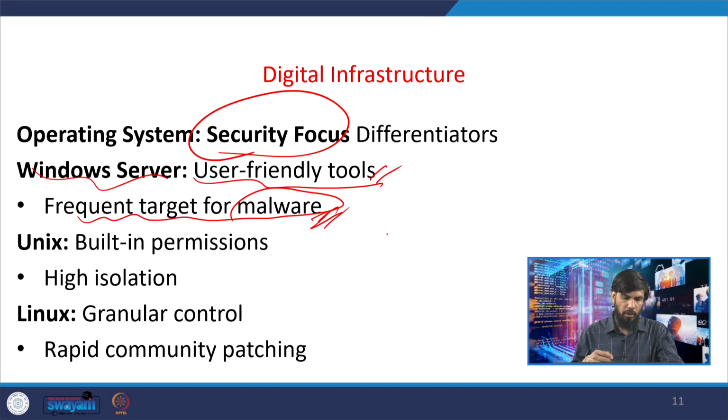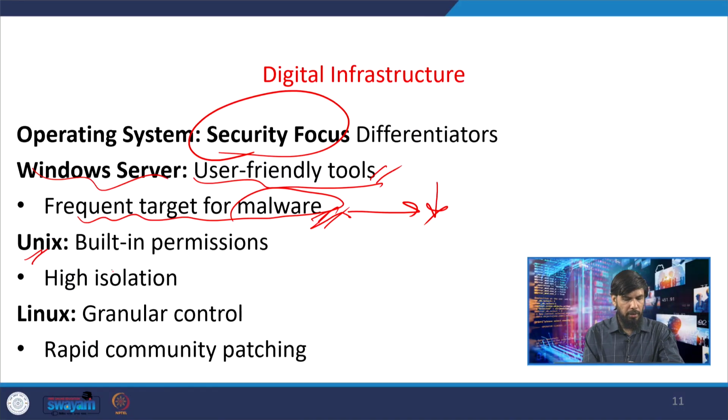So the same large ecosystem that is supporting Microsoft and Windows Server becomes, for the same reason, a target for the attackers, right. So this becomes a negative point in that sense.